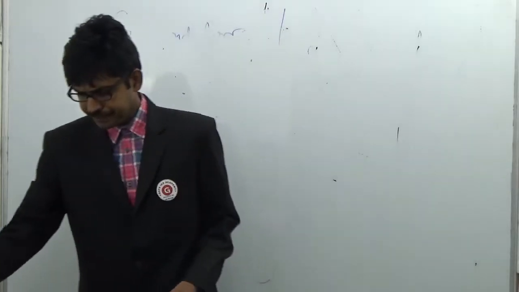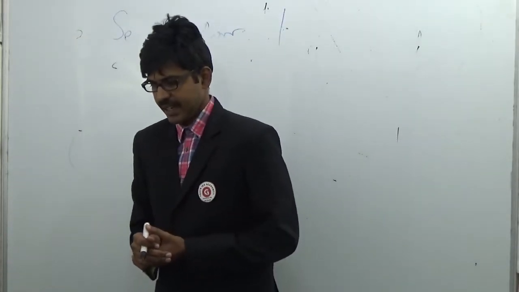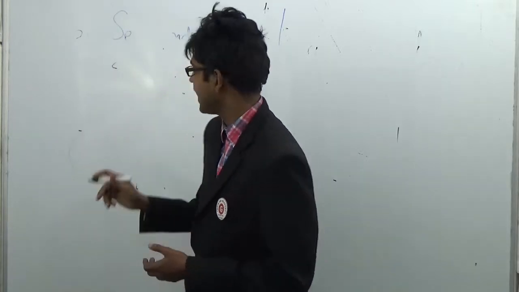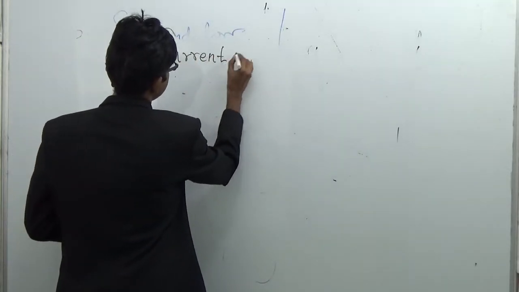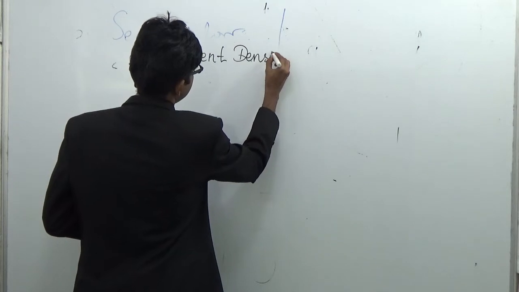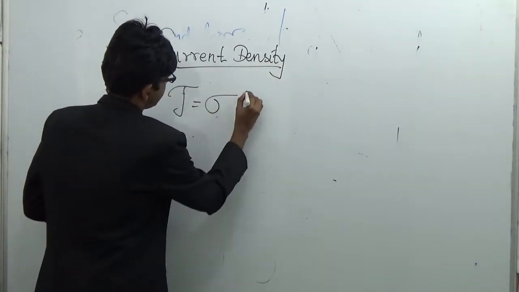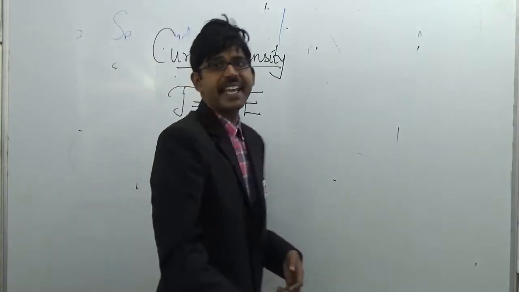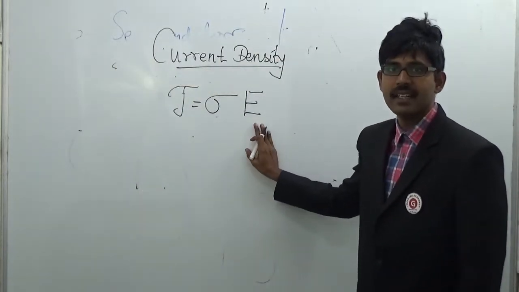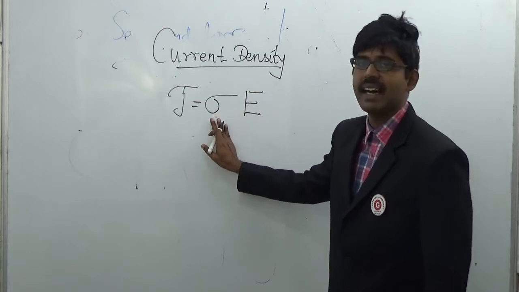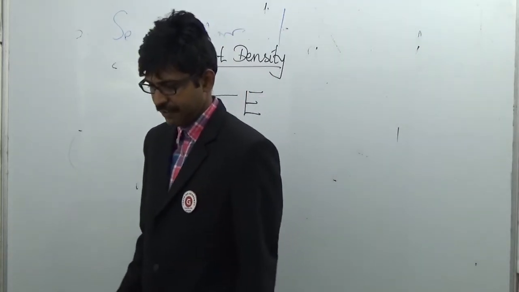Now, coming to the current density. Current density J is given by sigma times E, where sigma is the conductivity and E is the applied electric field.